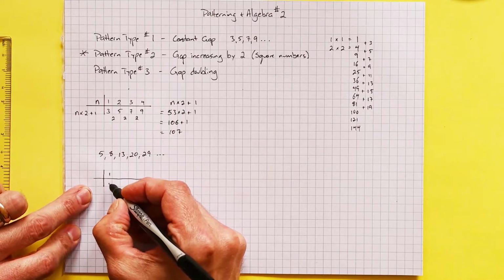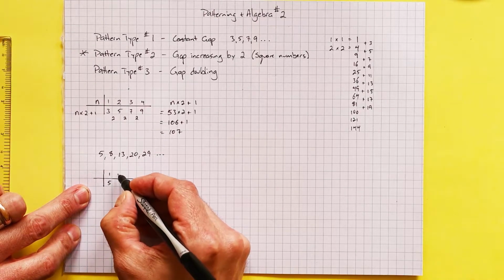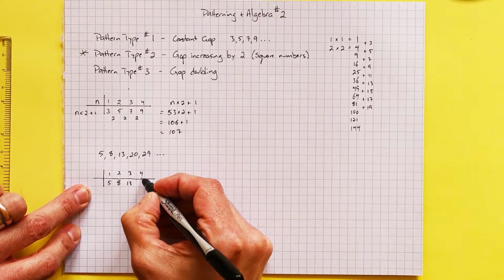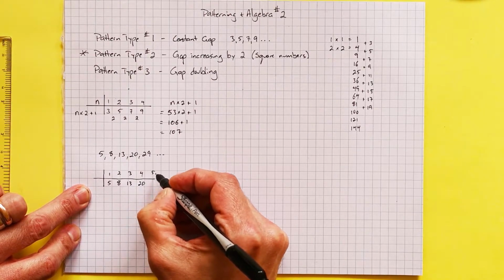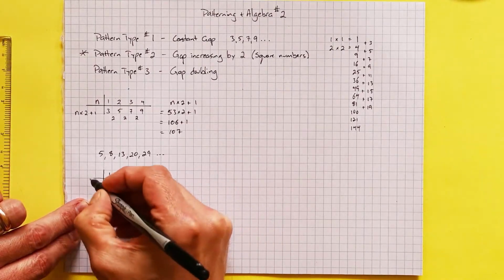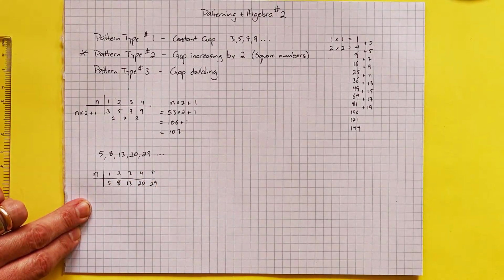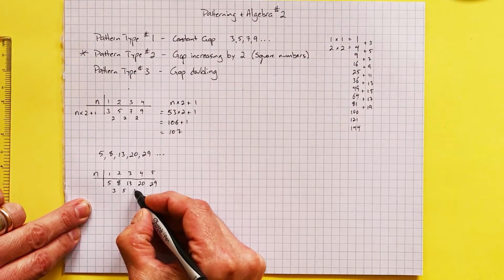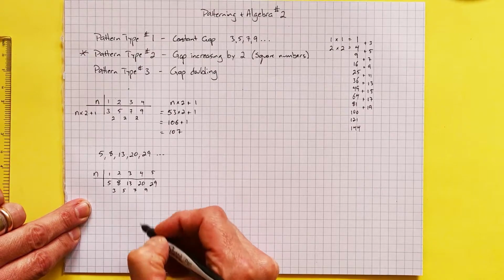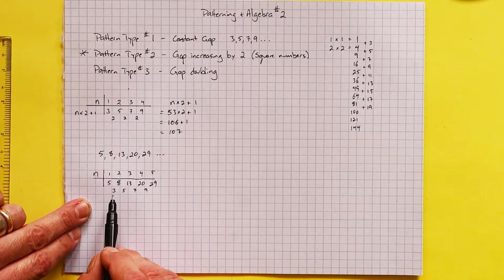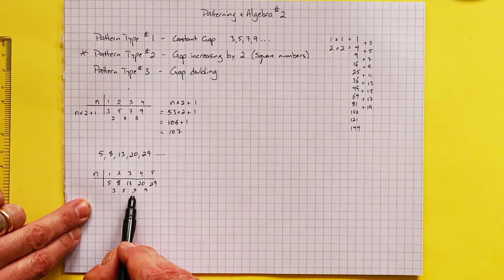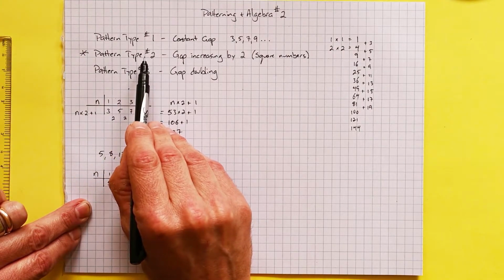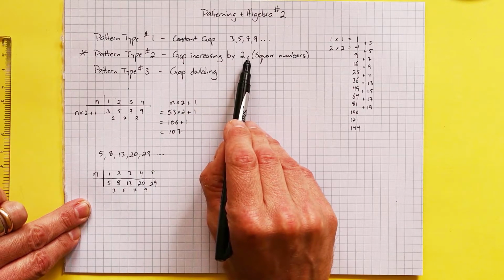Our first one in our sequence is 5, our second 8, our third 13, fourth 20, fifth 29. Let's look at the gaps. Here we have a gap of 3, here a gap of 5, here 7, here 9. So our gap is increasing by 2 each time. This tells us we're in pattern type number 2, gap increasing by 2.